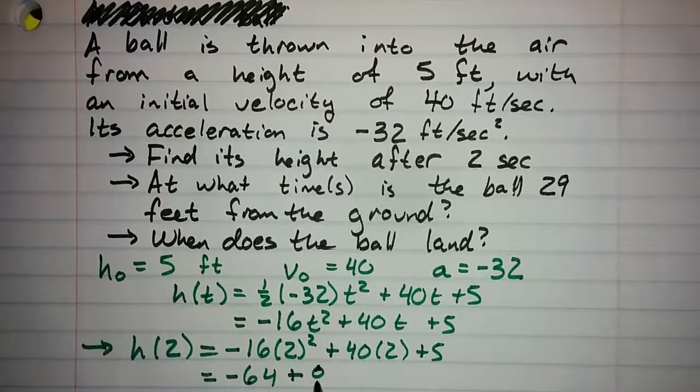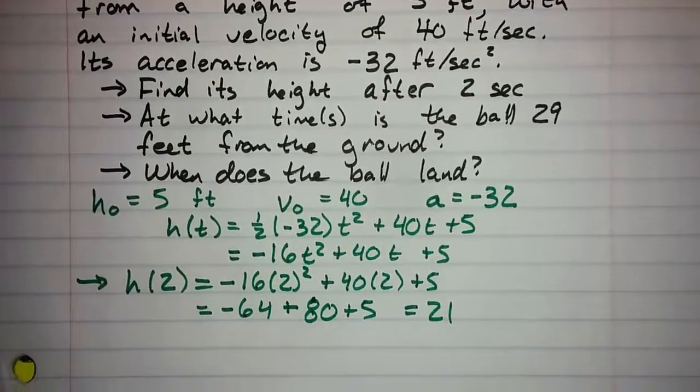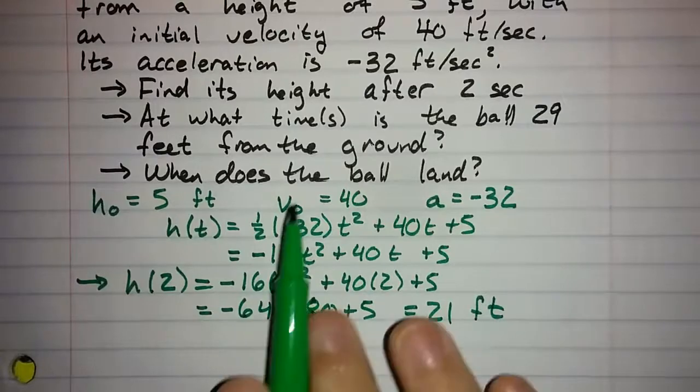Plus 40 times 2 is 80. Plus 5. And I'll get 21.